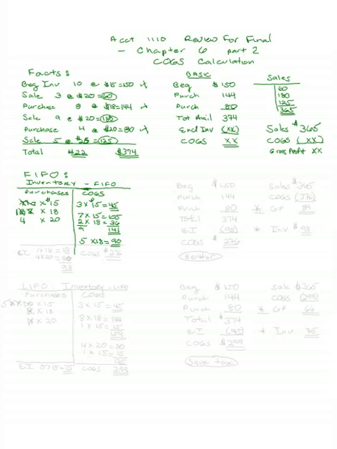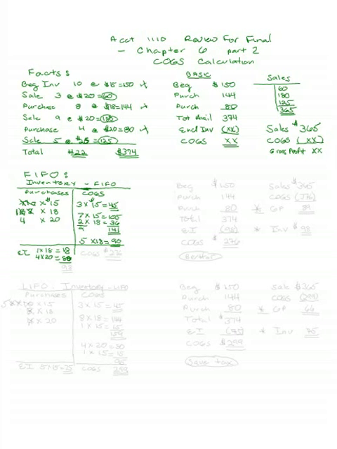I think we're ready to see where we ended up. What do I have in ending inventory? Well, I have 1 unit at $18 for a total of $18. And I have 4 units at 20. 4 times 20 equals 80, not 88.